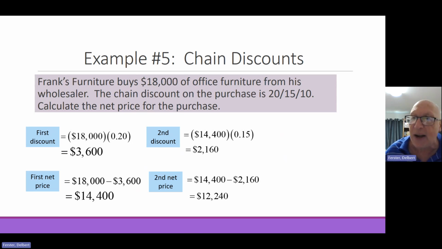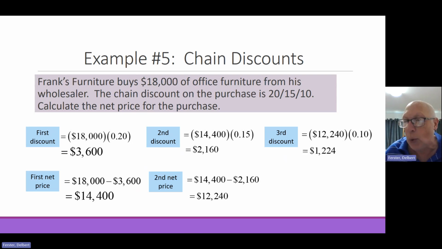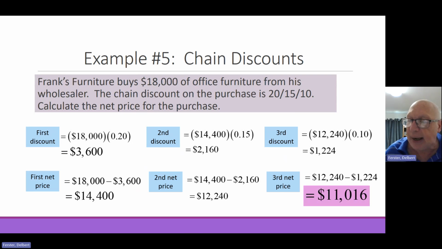Oh no, Frank's got another one coming. So here comes his third and final trade discount at 10% based on the 12,240. So there you can see the calculation shaping up to find that last trade discount amount, $1,224. And you guessed it, Frank's net price as a result of all three trade discounts comes in at $11,016.